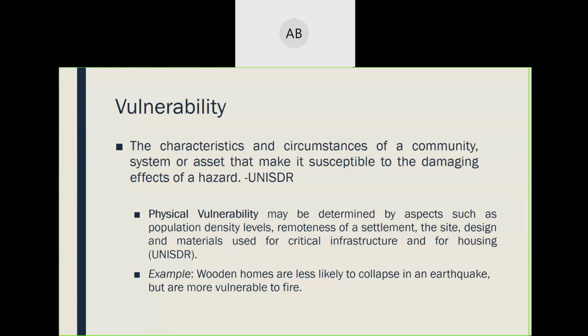This vulnerability may come due to the profession, or due to your individual immune system, or many other things, maybe your economic capacity to spend and secure yourself against the threat.